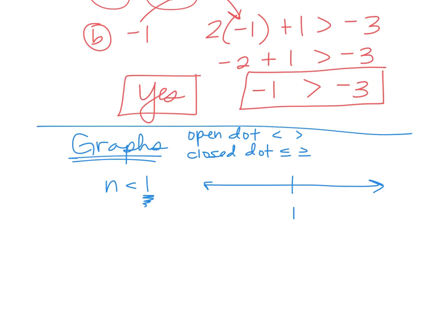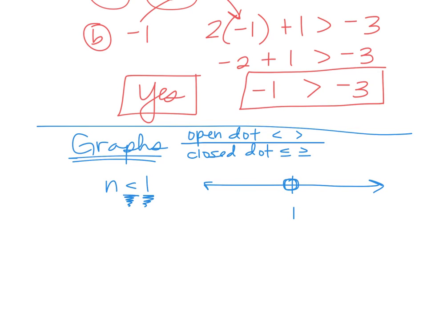So you leave it open if it's not, you close it if it is less than or equal to, greater than or equal to. So in this case, is this going to be an open dot or a closed dot? It's going to be an open dot. Okay, so we're looking at this setup right now because our symbol is less than. Okay, so if n is less than 1, we're going to put an open dot at 1.